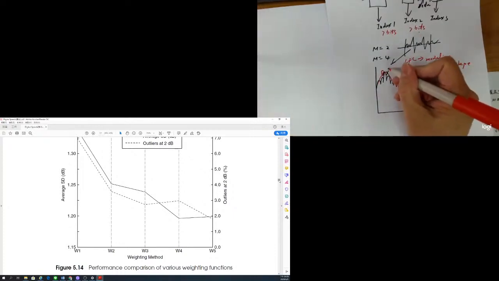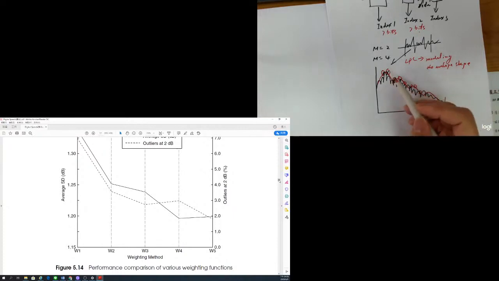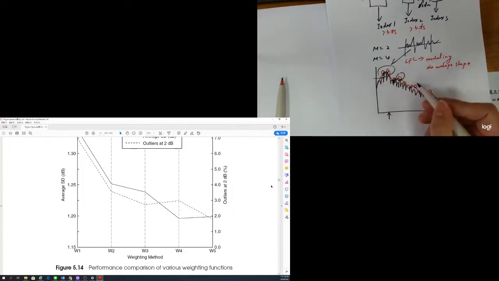If you have a line spectrum frequency of order 10, 1, 2, 3, 4, 5, 6, 7, 8, 9, 10, and you have line spectrum frequencies like this one, there will be a high weighting value here, and a high weighting value here, and a high weighting value here. Why? Because we try to keep low distortion.